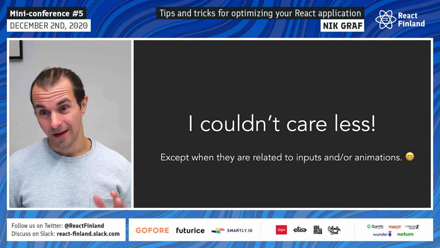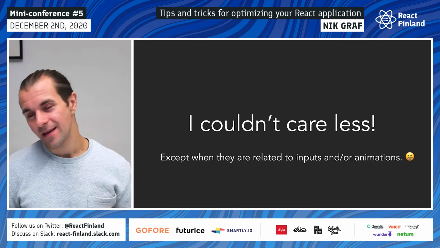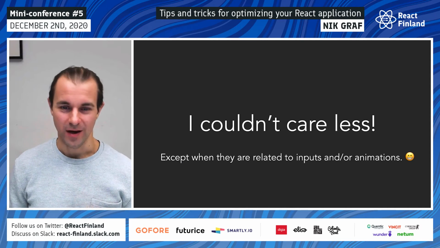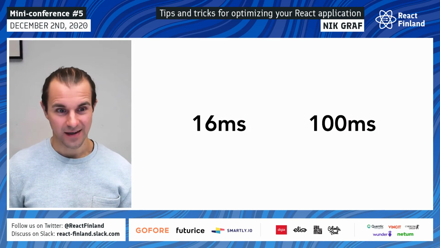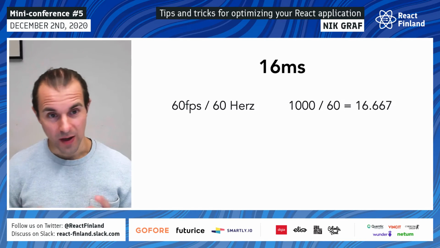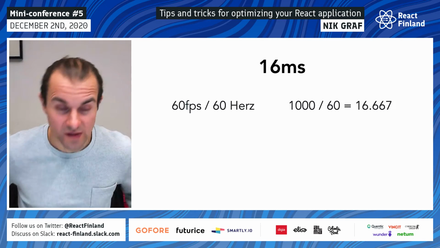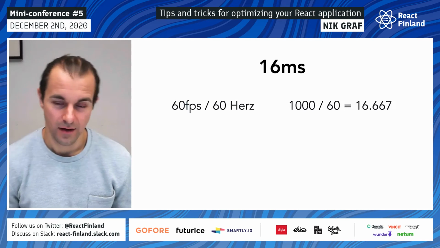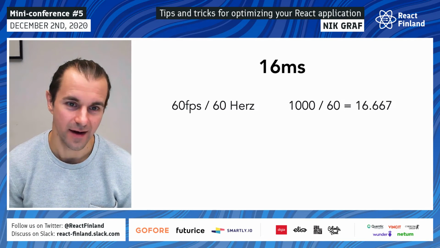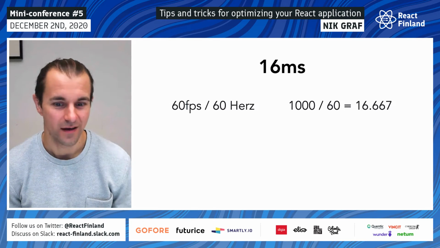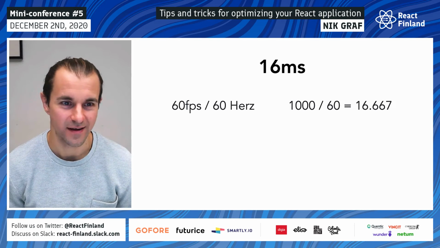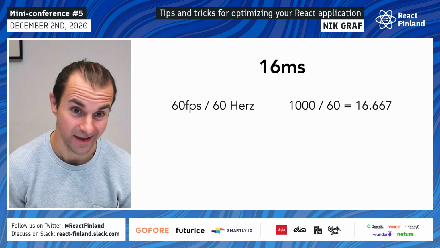Why so? Let me explain this with two numbers that really matter, at least to me, when it comes to performance. These are 16 milliseconds and 100 milliseconds. Why 16 milliseconds? Because probably 99% of the devices that we have, the screen in your laptop, the screen on your desk, are all 60 frames per second, or 60 hertz.